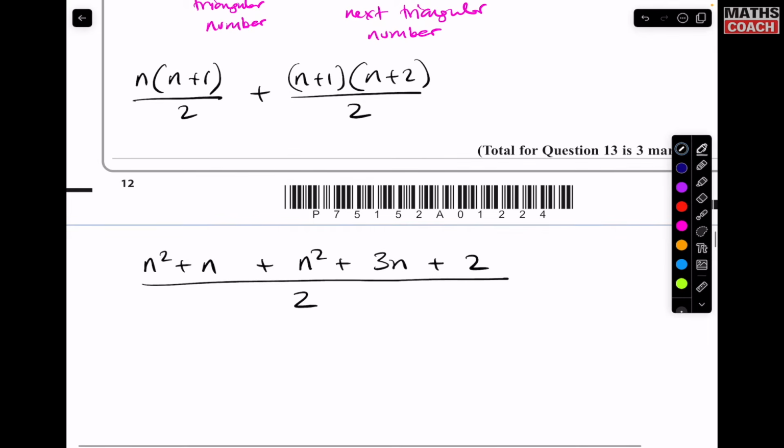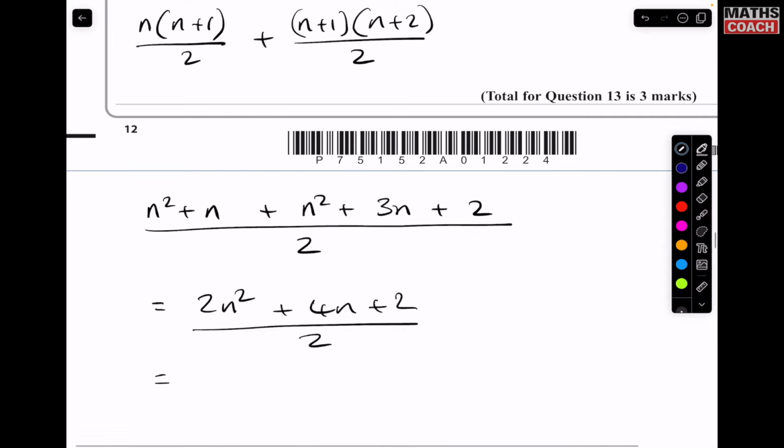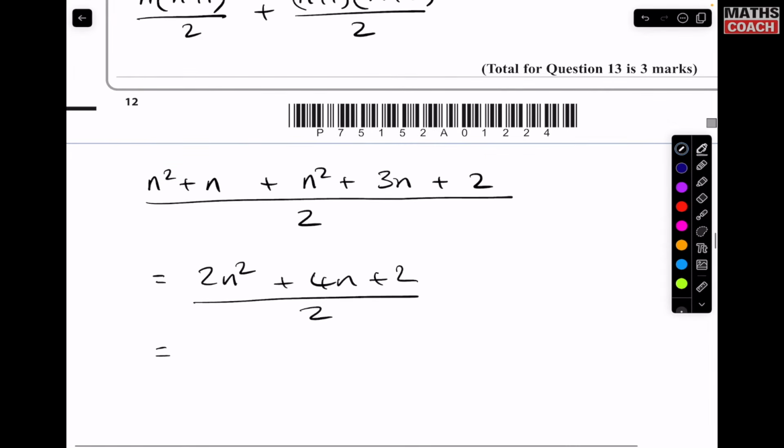Collect all the like terms now: n squared and n squared, which is 2n squared, and n plus 3n, which is 4n, plus 2, all over 2. Then I can divide everything by 2, because 2 is a common number here. So that becomes n squared plus 2n plus 1. Okay, that's my final answer right there.